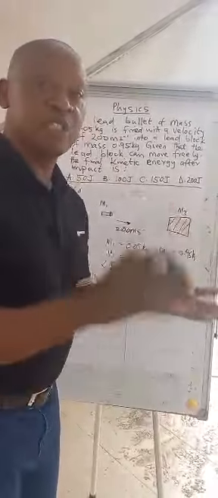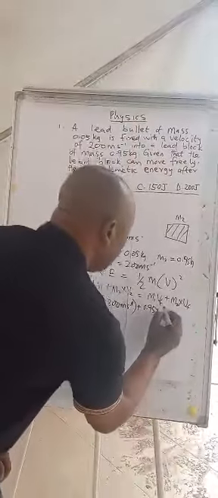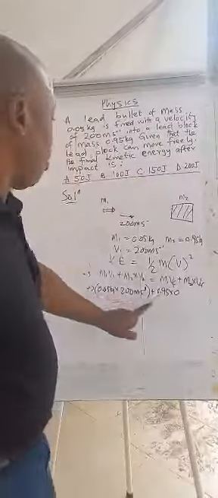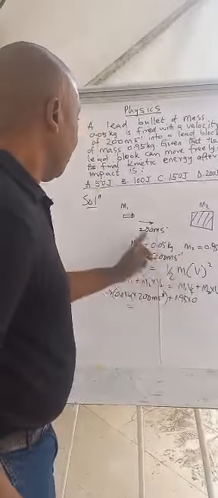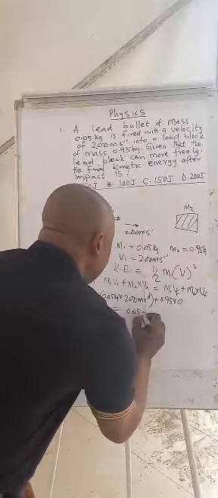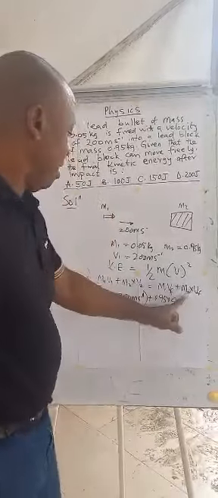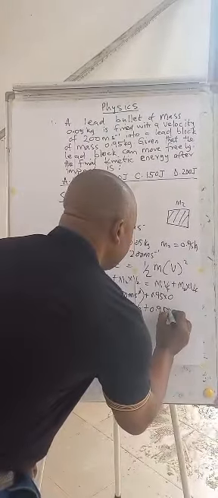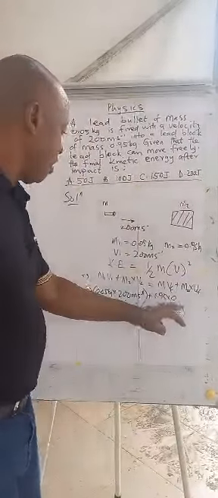M2 was stationary in the initial condition before the impact, so V2 is 0. And all this equation will be equal to M1 Vf plus M2 Vf. M1 still remains 0.05 times Vf, then plus M2 Vf, 0.95 times Vf. You can see that Vf is common among them.